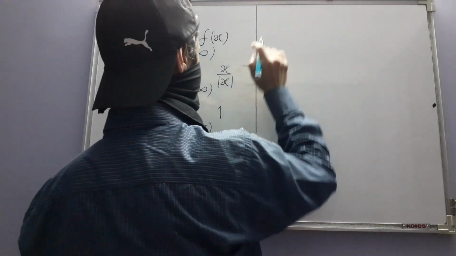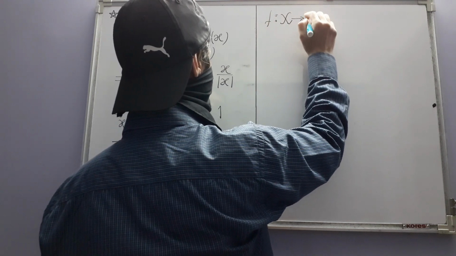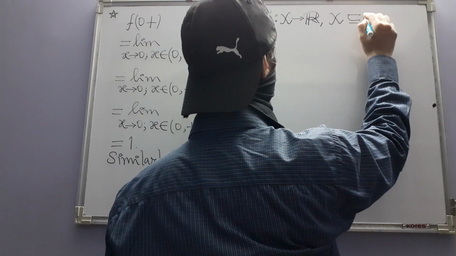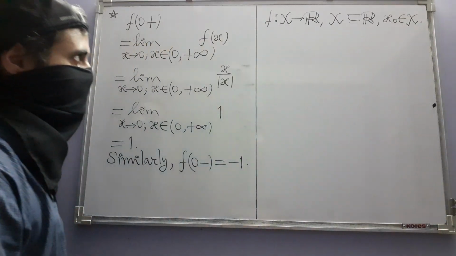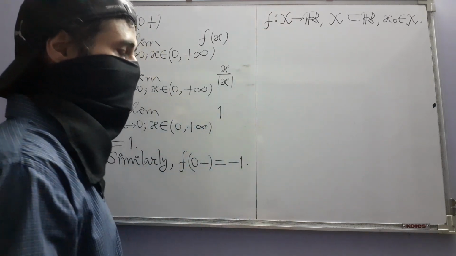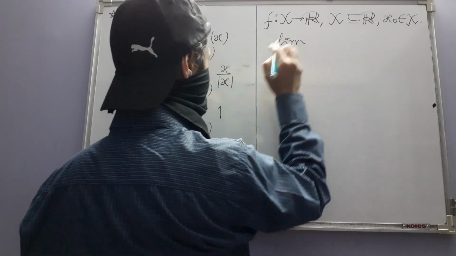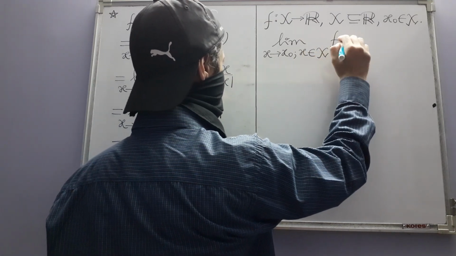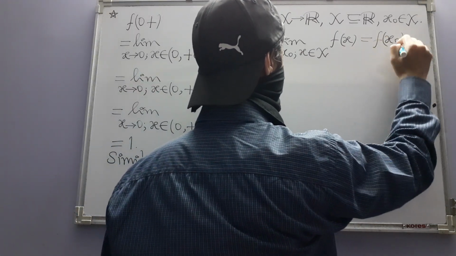Say we have a function f from X into R, where X is some subset of R, and suppose that x naught is a point in X. If you go back to the definition of f being continuous at x naught, that means this limit exists and is equal to the value of the function at x naught.